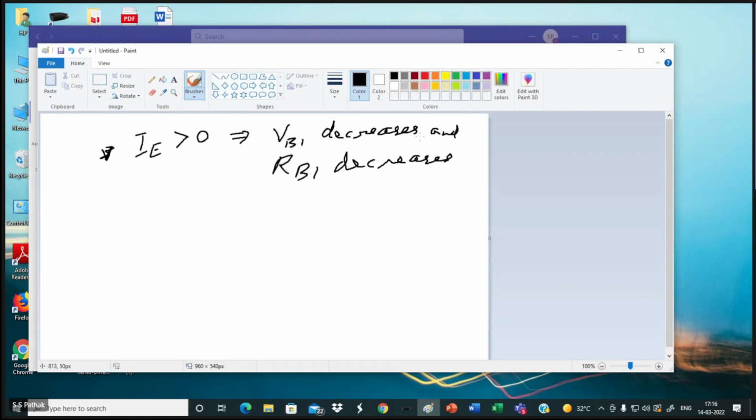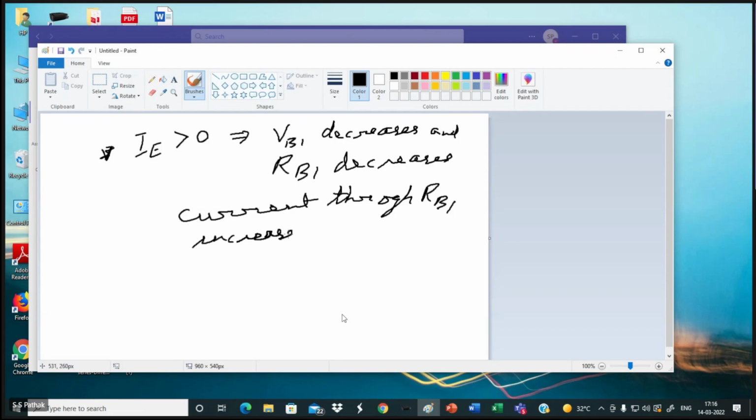So here what happens? If RB1 is decreasing, then the current through RB1 increases.